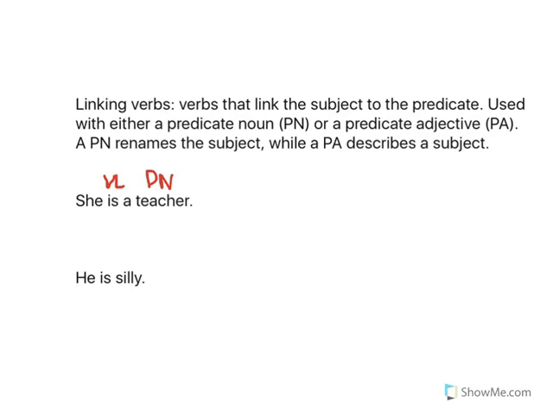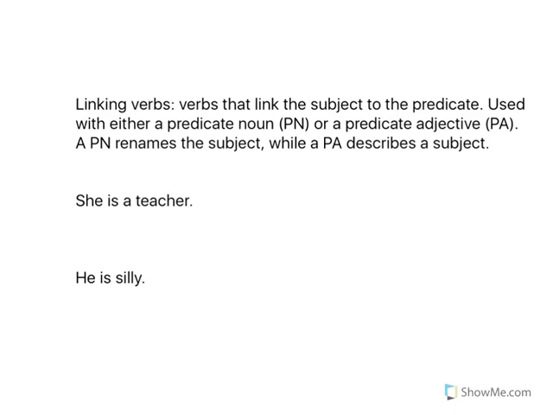A good way to think about this is she equals teacher. And here, our linking verb is what takes the place of this equal sign. It's the verb that links she, our subject pronoun, to teacher, our predicate noun.